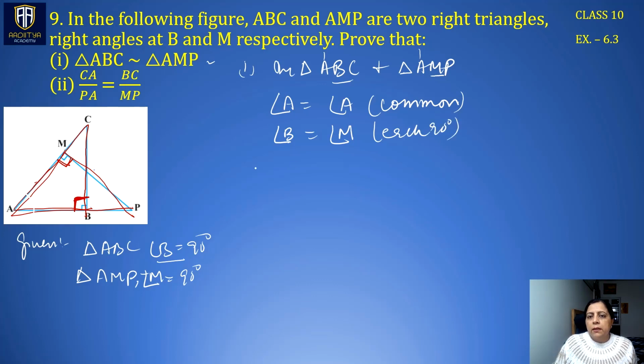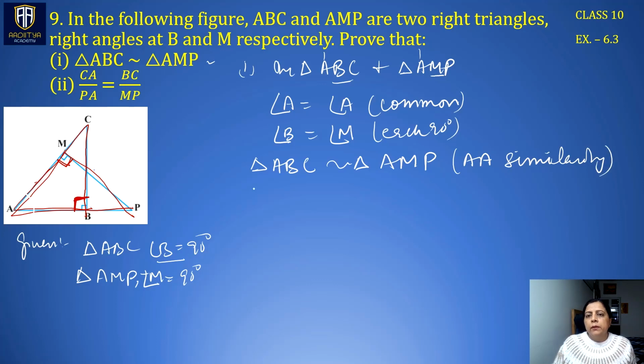So we can say that triangle ABC is similar to triangle AMP by AA similarity. AA similarity or AA similarity mean the same thing. So now we are done with the similarity part.